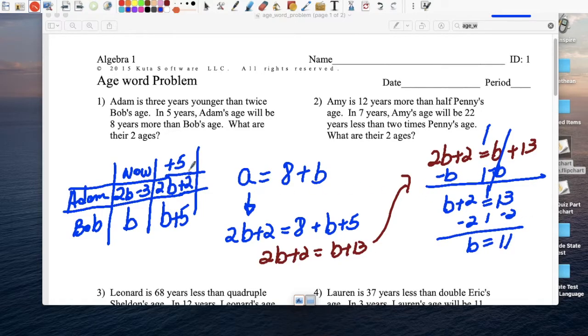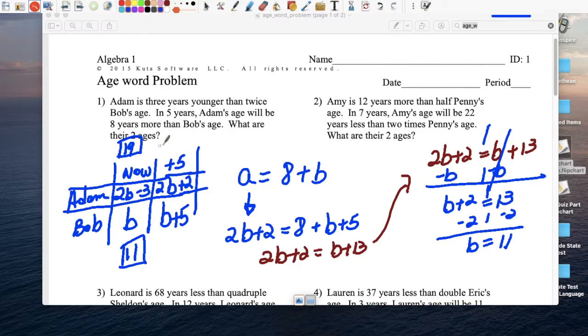So Bob is 11, which makes Adam 2 times b, 2 times 11, which is 22, and 22 minus 3 is 19. So currently, Adam is 19, Bob is 11. So in 5 years, let's see if that works.